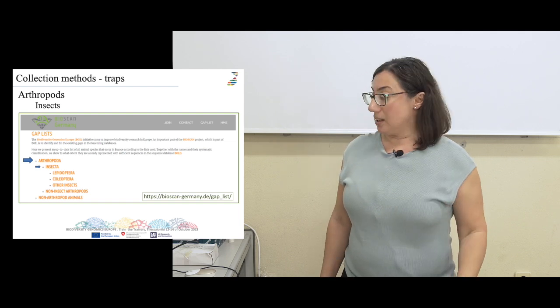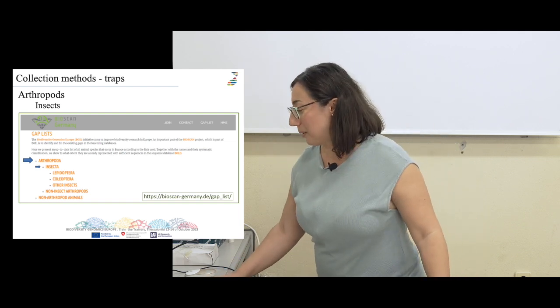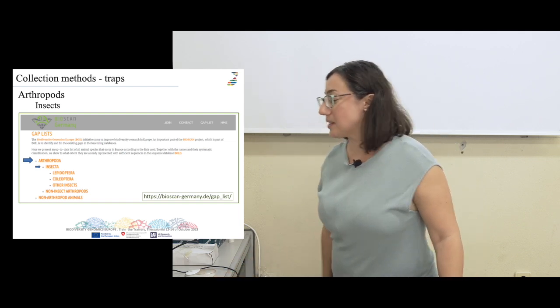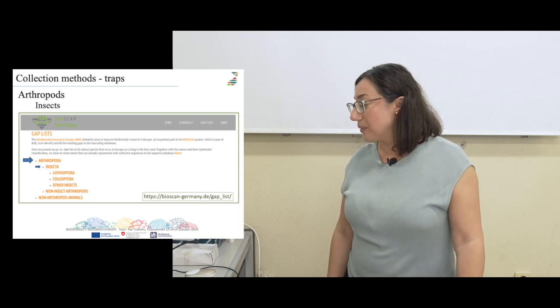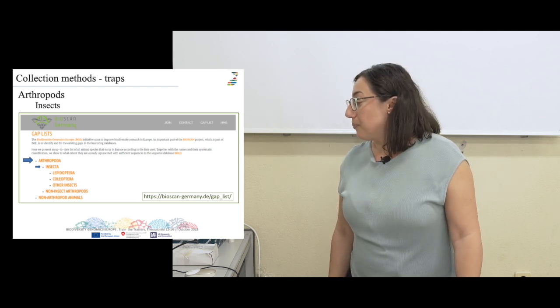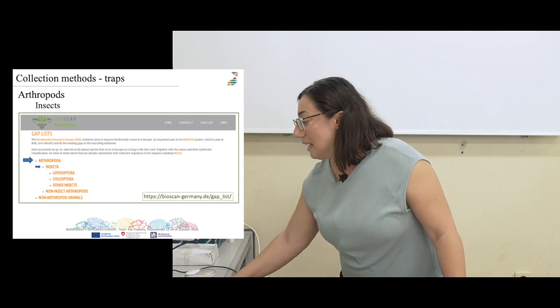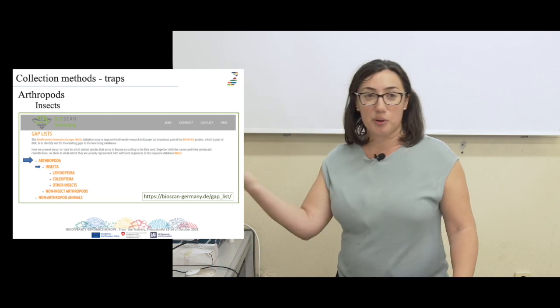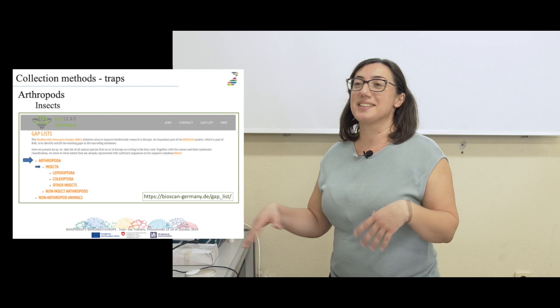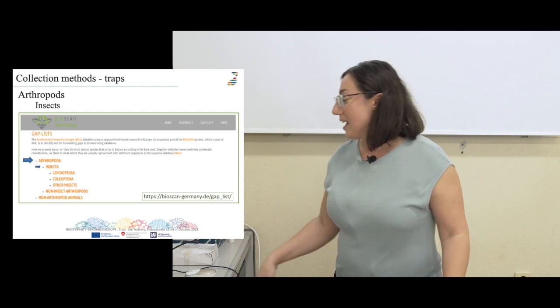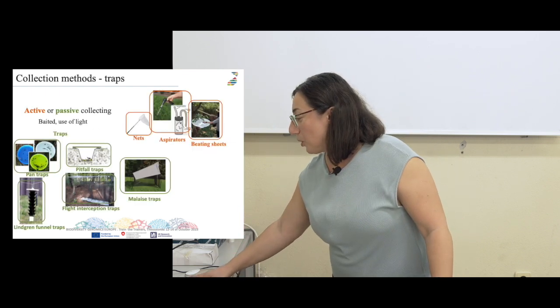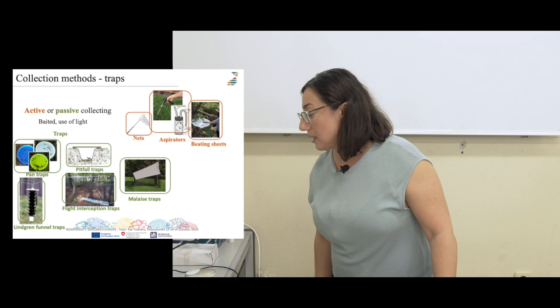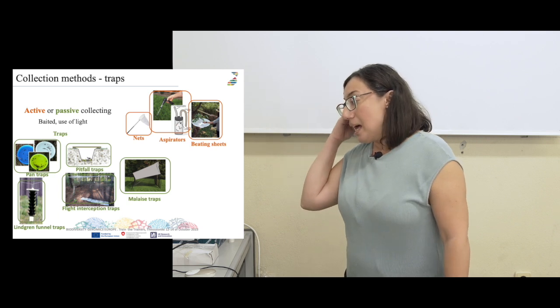You can actually see that from the gap list as it was published in GBOL. The categorization of the species was done as arthropods and non-arthropods, and insects and non-insects. So we're going to focus on this group of organisms.